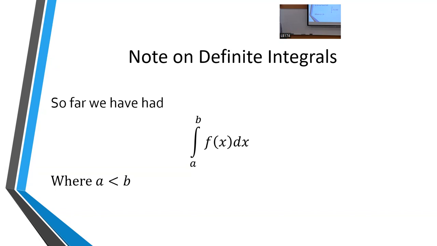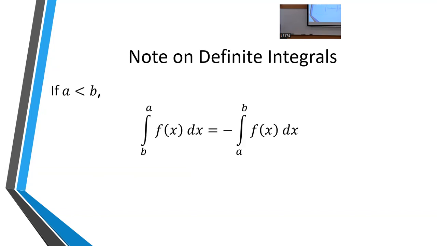If somebody gives you a definite integral that switches that, where they write the smaller number above and the bigger number below, then you have to realize it gives you the negative of the signed area that we've talked about.